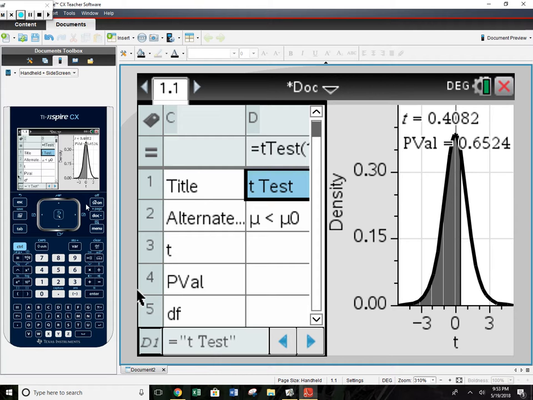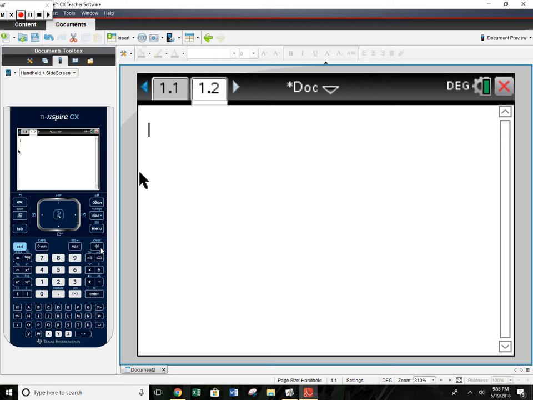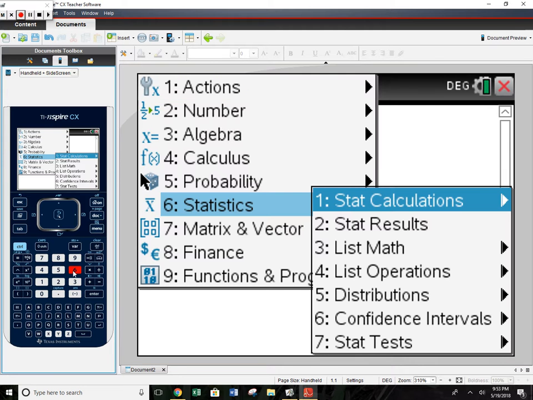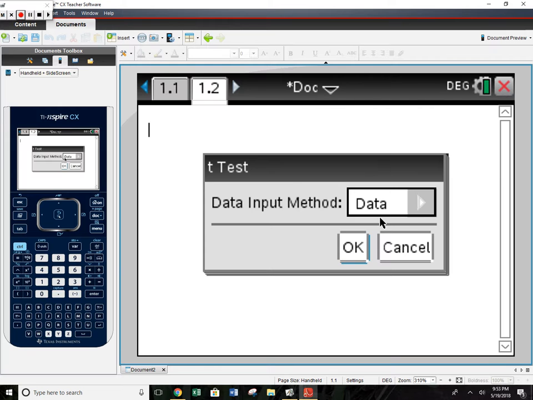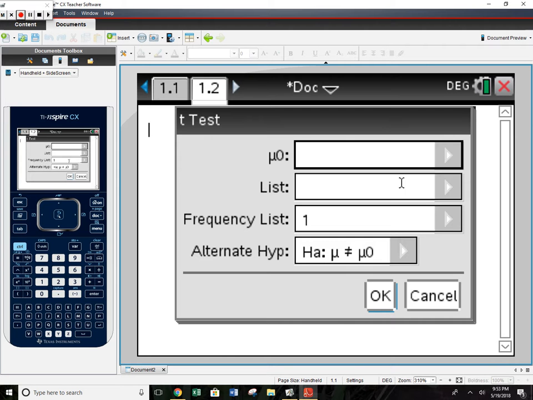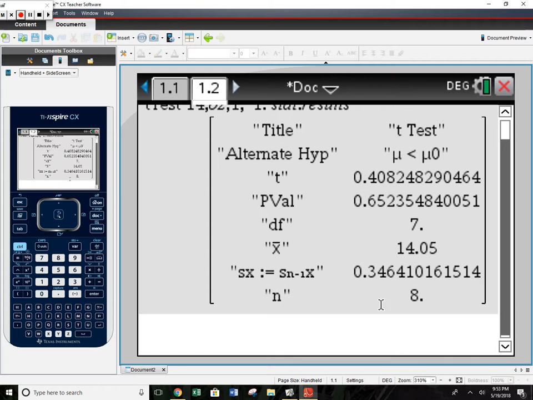So let's do it on your calculator. If I go home and enter a graph, let's do the same thing. Menu 6. If we do a stat test, we're going to do a t-test, exact same thing, from the data we've collected. Hit OK. That's 14, and this is ounces, and we went this way. Hit OK. There's all the stuff.